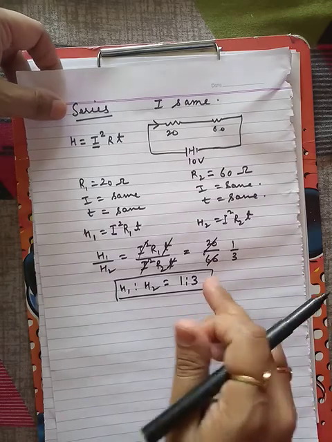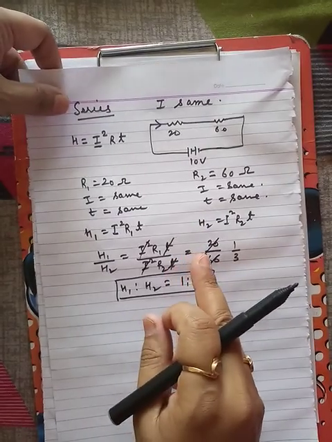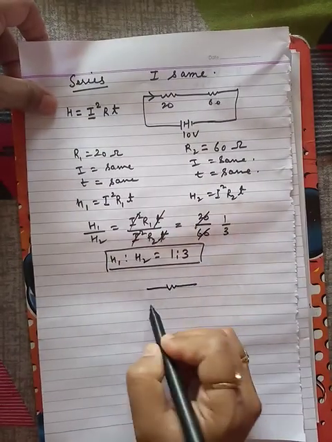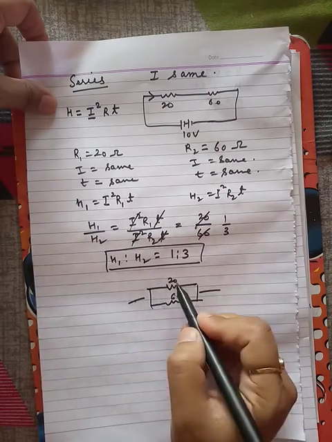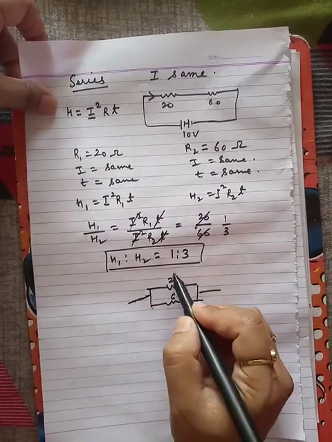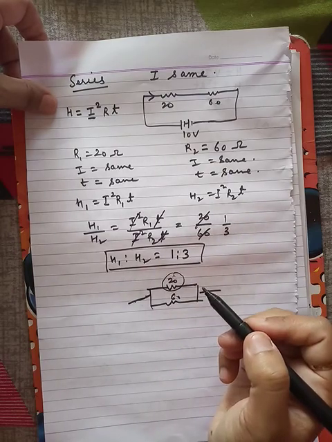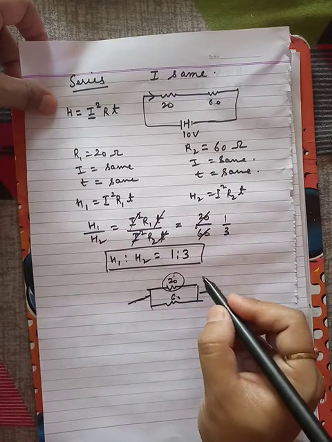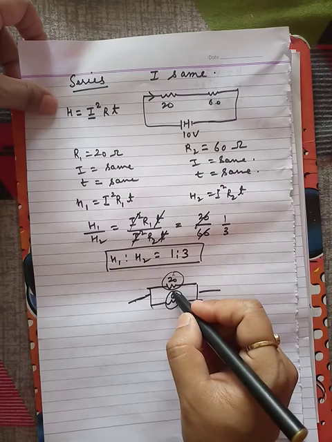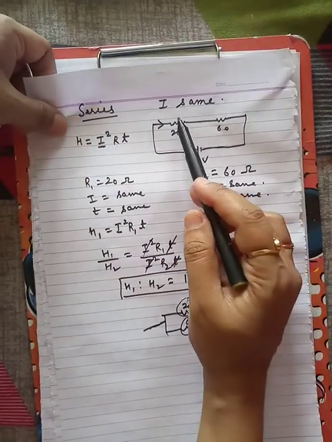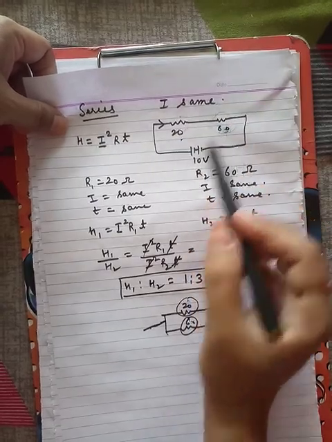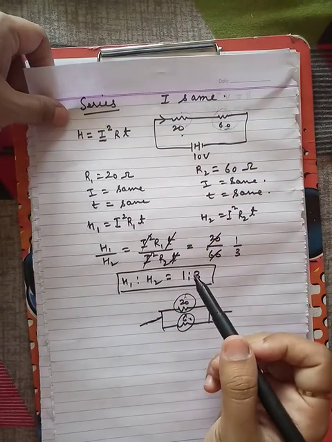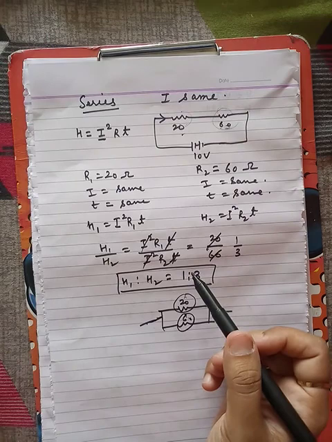So in the case of parallel combination, like in this one, if this is 20 and this is 60, heat produced in the 20 ohm resistor will be more than in the 60 ohm resistor, but in the series combination, heat produced in the 20 ohm resistor will be less as compared to the 60 ohm resistor.